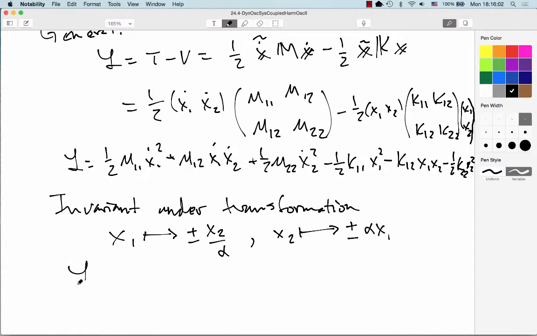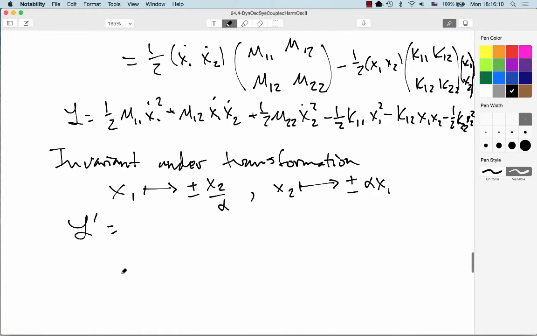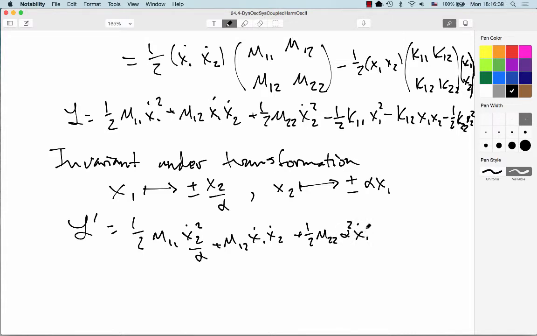So my transformed Lagrangian would become, I'll just go ahead and make all the substitutions here. So 1/2 m11 x2 dot squared over alpha plus m12 x1 dot x2 dot plus 1/2 m22 alpha squared x1 dot.